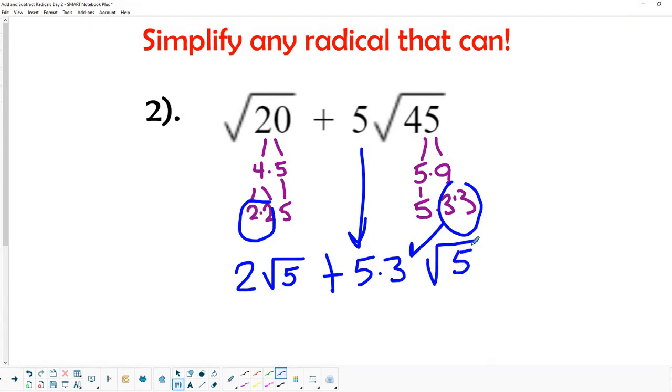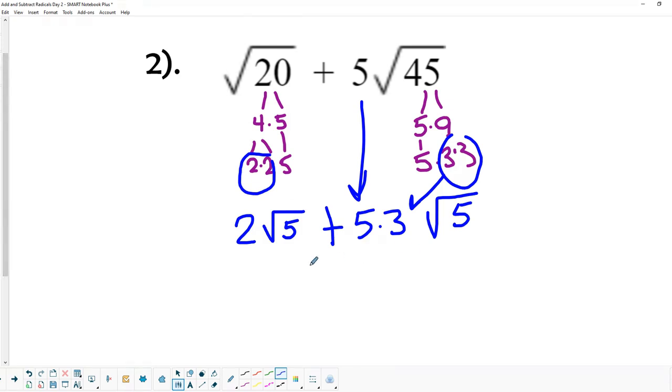That's our radicand. So this second one, where we have 5 times 3, can be simplified to be 15 times 3. So 5 times 3 is 15, excuse me.